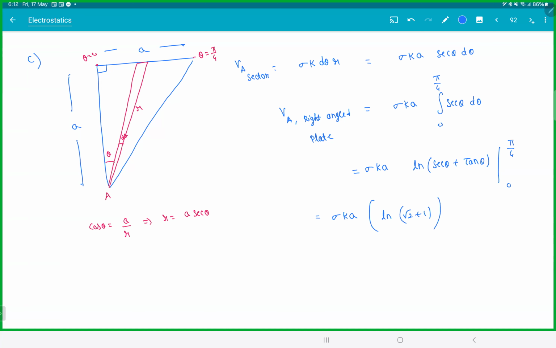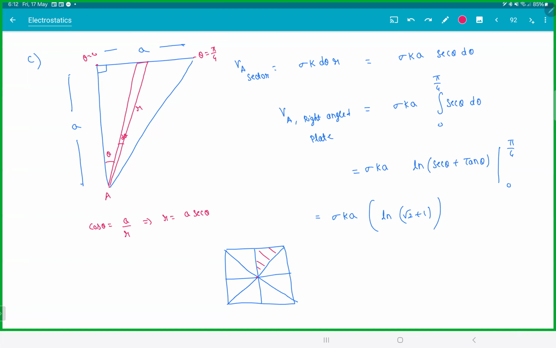But this is not what I want. You want a square plate. So a square plate has how many right angle triangles? 8, na? I found the potential due to one triangle, isn't it? There are 8 triangles now.